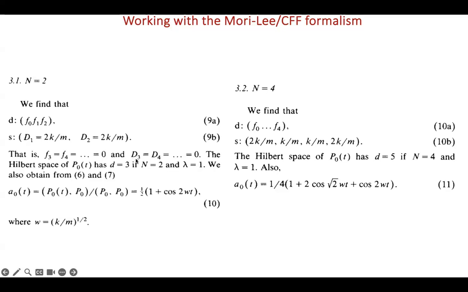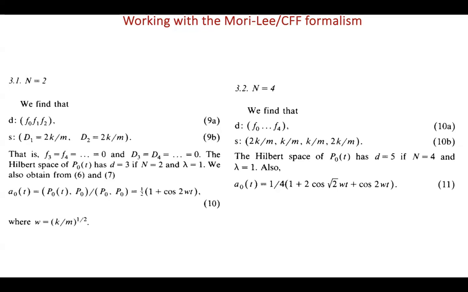Here it's written as D. So delta 3, delta 4, delta 5, all are 0. And Hilbert space dimension came out to 3 in this problem. Number of particles was 2. M was equal to M0. And the relaxation essentially came out to this 1/2 into 1 plus cos 2 omega t. So one is a drift mode and one is a mode like this.